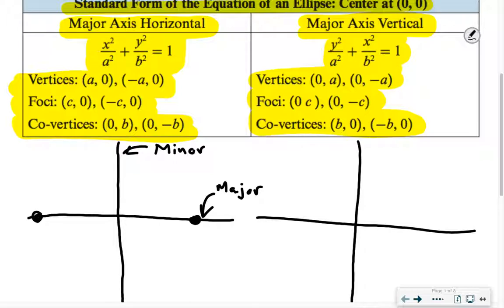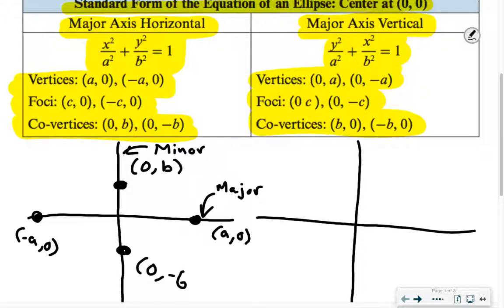And they tell us the vertices are always going to be at a comma 0 and negative a comma 0. The covertices will always fall on the minor axis, hence the reason why we call them covertices. Those locations are 0 comma b and 0 comma negative b.